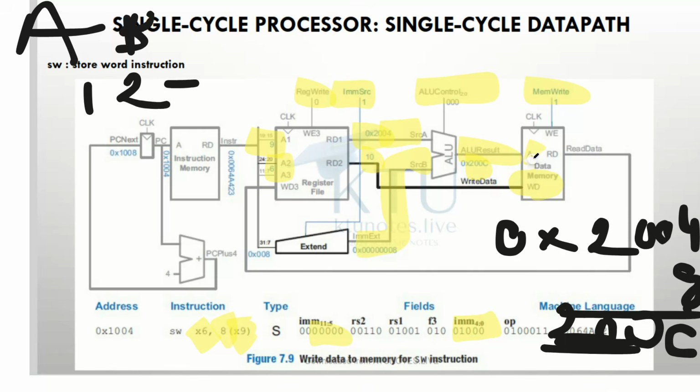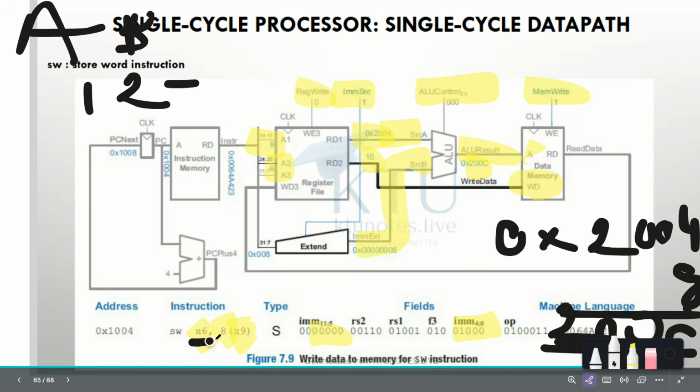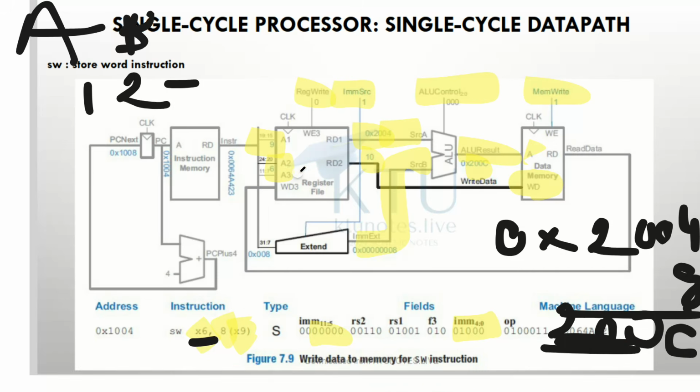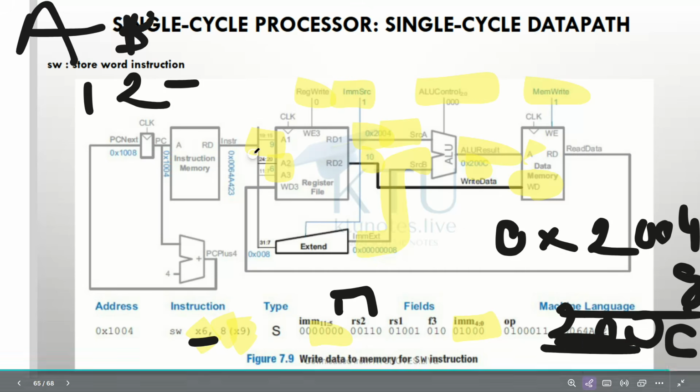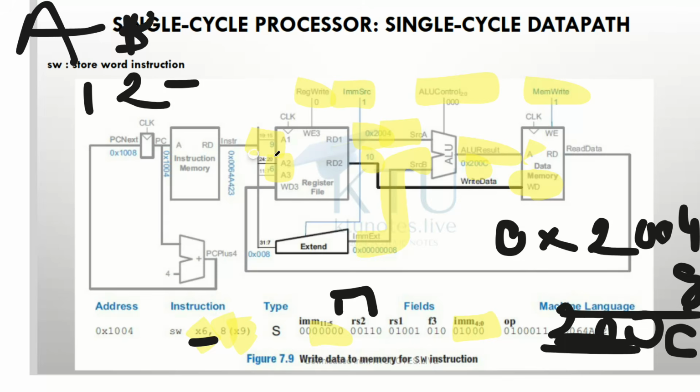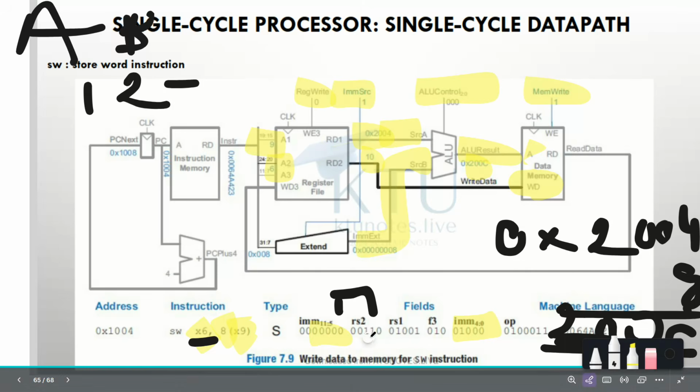Okay. Now in that address I have to write the value which is present in S6. So the next step is, I have to pass the S6 bits here. In A2, you can pass, anywhere, actually bits 24:20 are the bits.